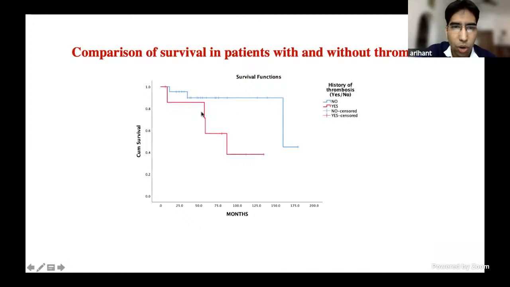The ones who had a thrombotic event had an inferior survival, almost reaching statistical significance, with a p value of 0.054.